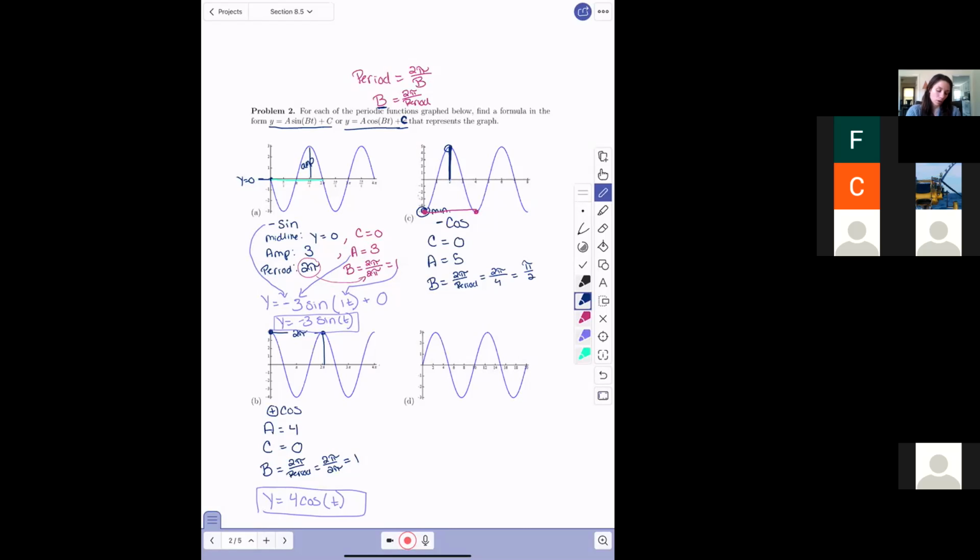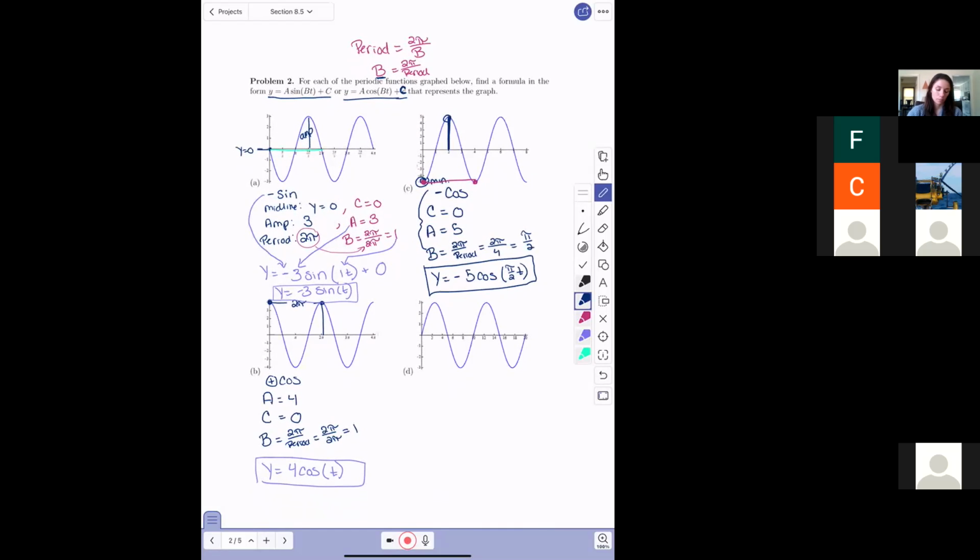So now we have all the pieces to put together our formula. We have y equals negative a, which is 5, times cosine of pi over 2 times t, plus c, which is 0. And this is the final formula. Any questions?